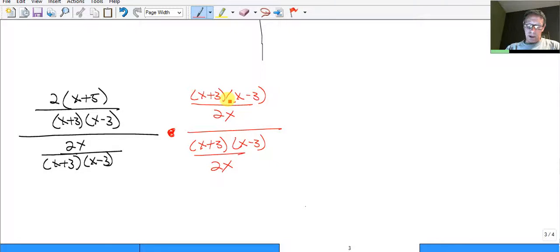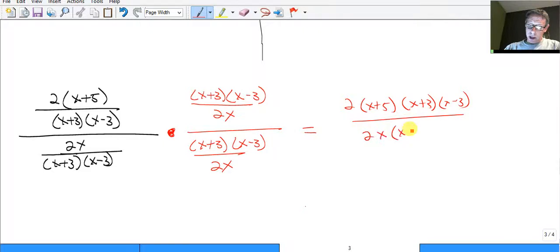I need to do the same thing to the numerator. Of course, my denominator is going to become 1. So I'm kind of going to forget about that. And my numerator, which is going to be what's left of my problem, will just be 2 times (x + 5). These are going to multiply. (x + 3)(x - 3), all over 2x times (x + 3)(x - 3), right? 2x times (x + 3)(x - 3).